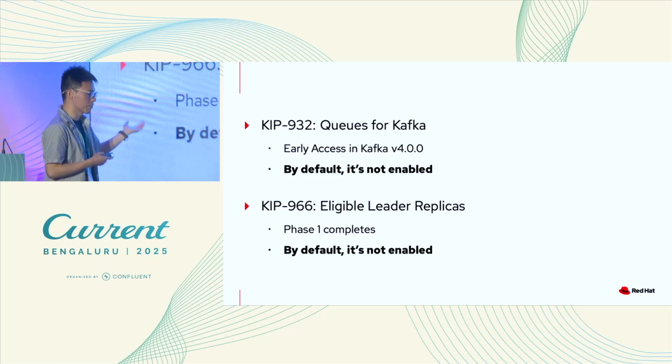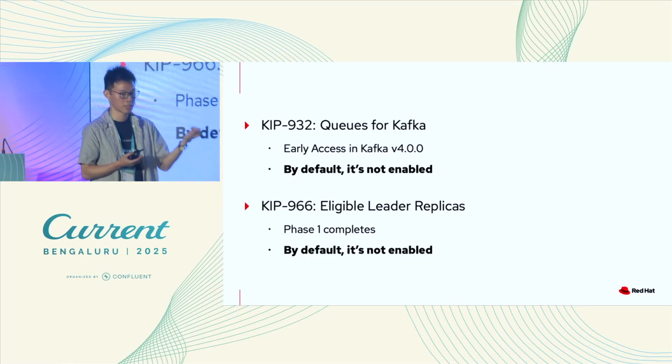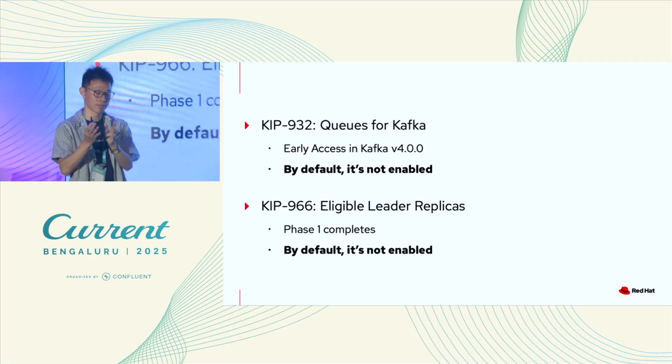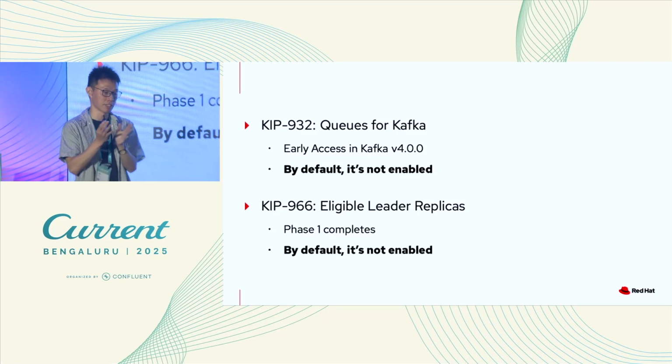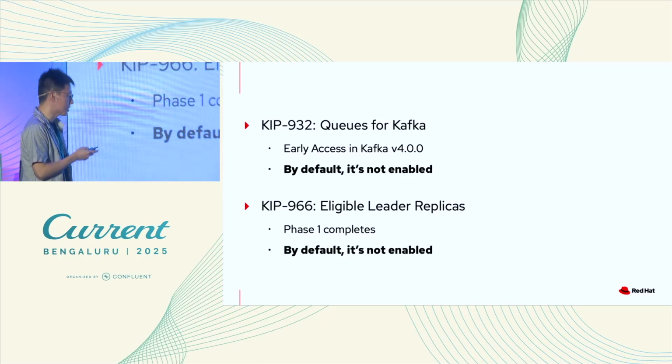It's still in preview, and by default, it's not enabled. You can enable that if you are interested to know how it can improve your leader election and data under unclean shutdown, and then you can keep your data from losing any data in your broker. So try that.